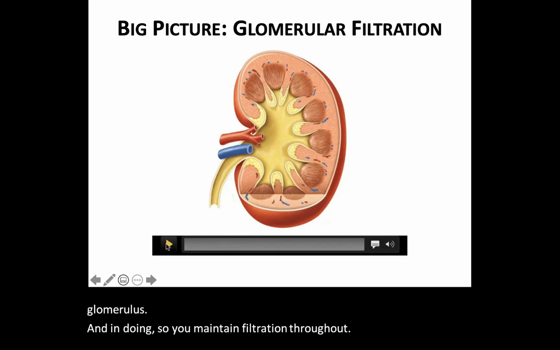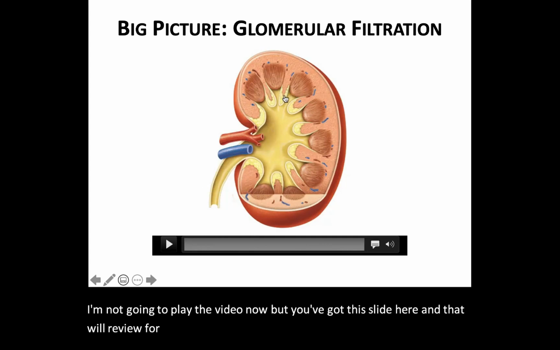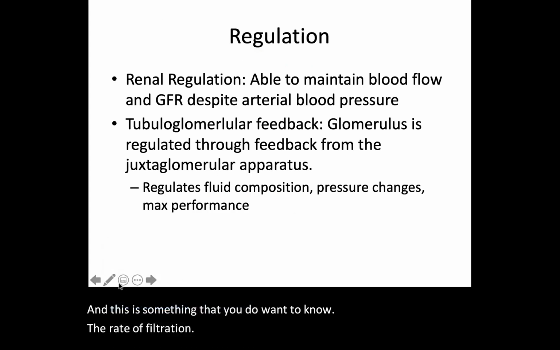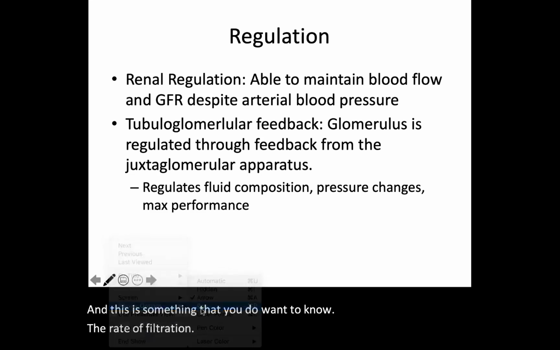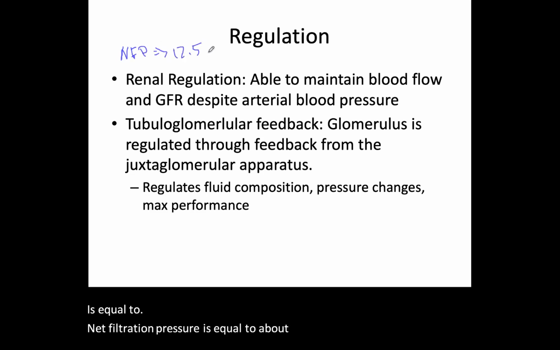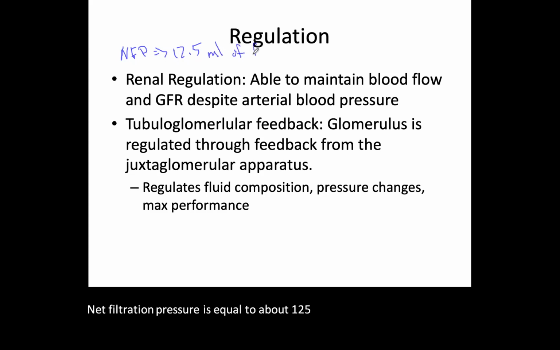This is a video. I'm not going to play the video now, but you've got this slide here, and that will review for you glomerular filtration. The rate of filtration is equal to net filtration pressure, which is equal to about 12.5 milliliters of filtrate per minute.